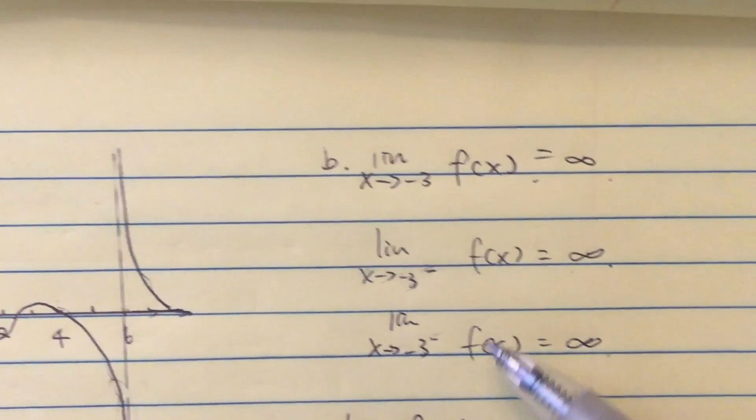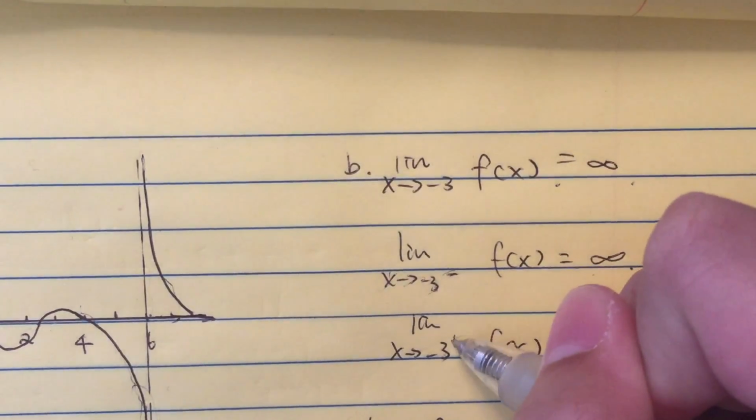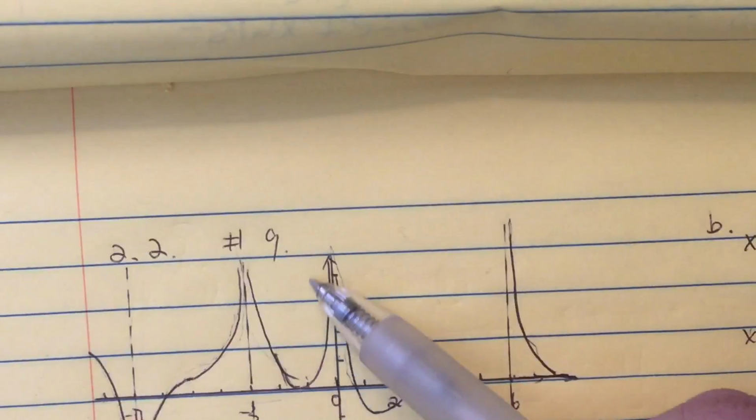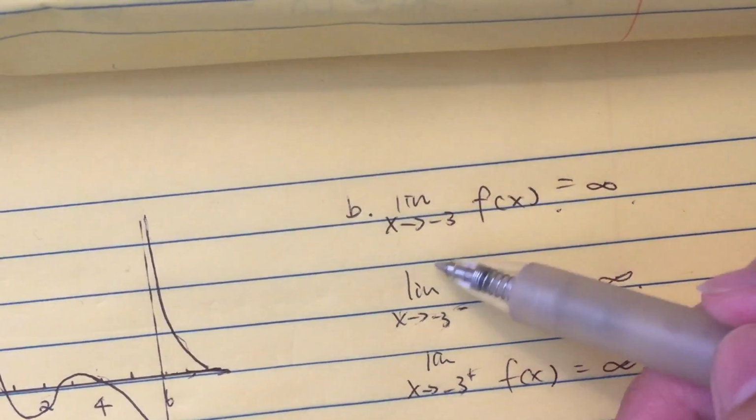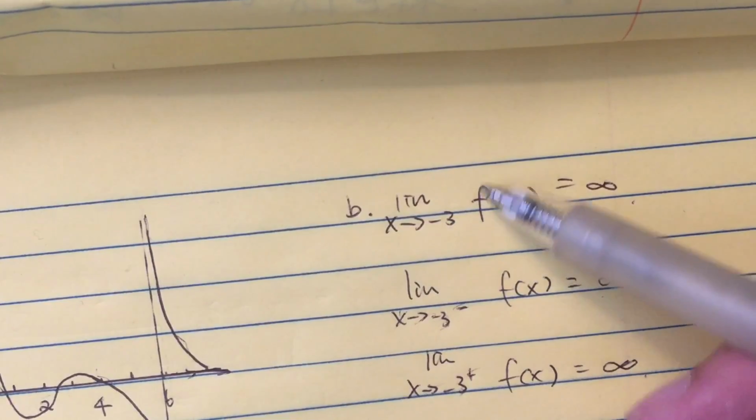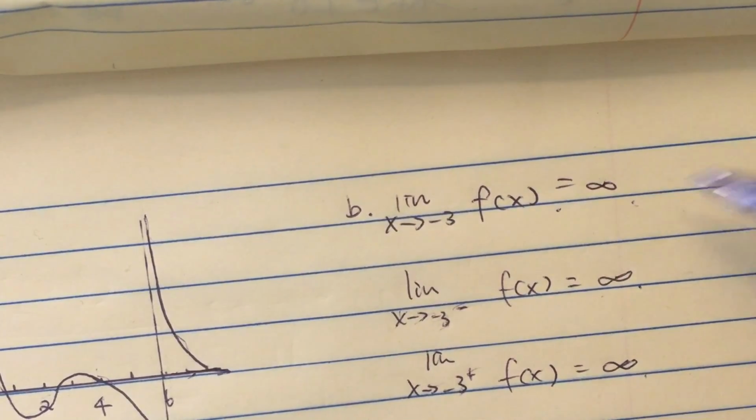And from the right side, the value still goes to infinity. So they have the same value, infinity. So we can tell the limit as x goes to -3 of f(x) equals infinity.